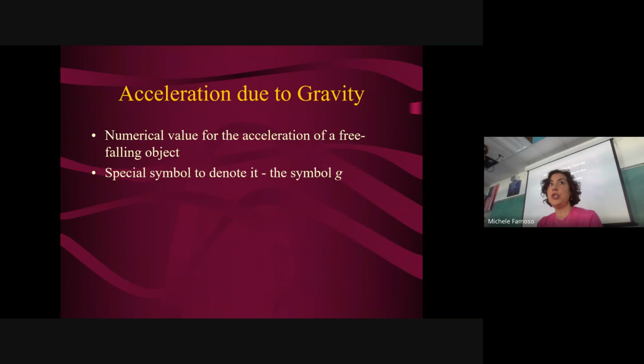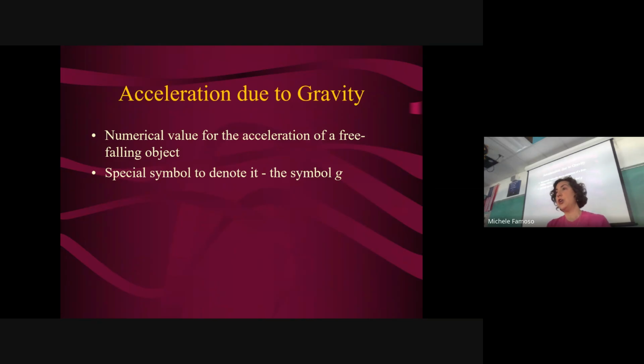And as I mentioned a couple of slides ago, we use a special symbol because it's a special number. The symbol that we use to represent this particular acceleration is a lowercase g. Lowercase. Please make sure it is not uppercase. There is a different value for uppercase G. So you've got to make sure you do a little g, not a capital.